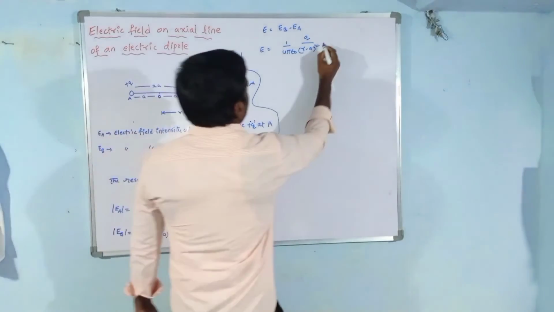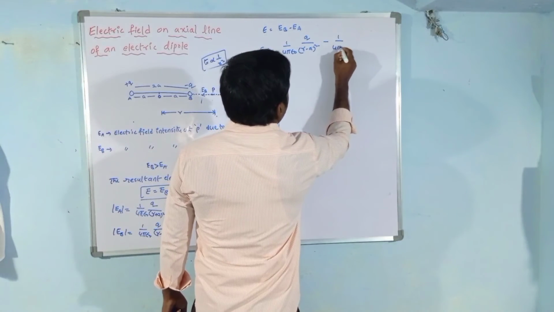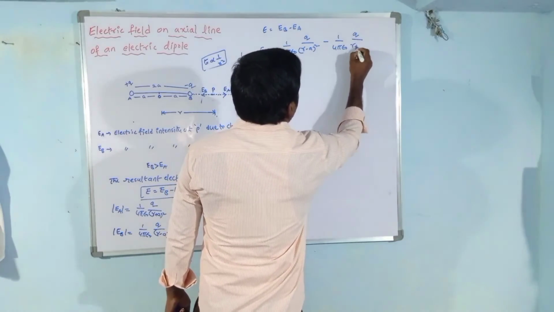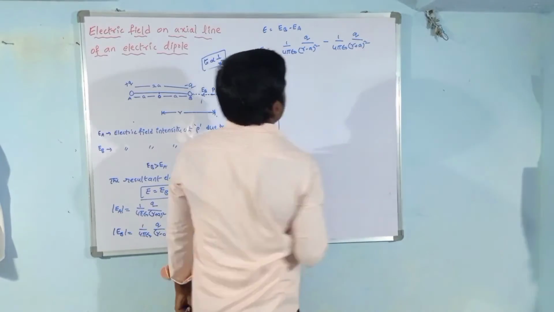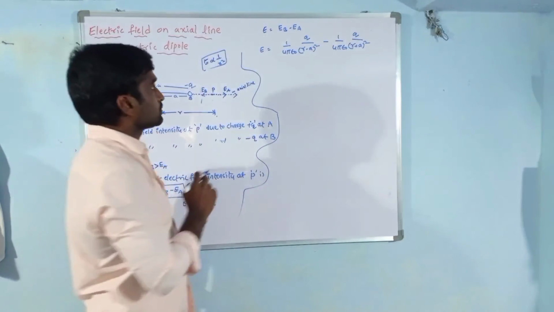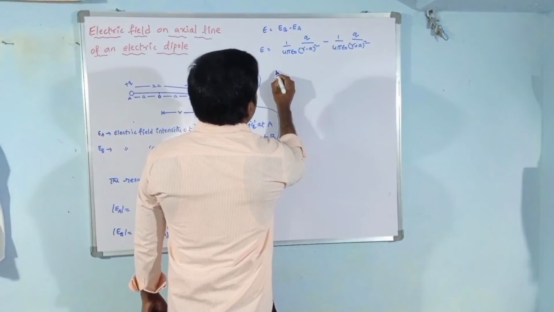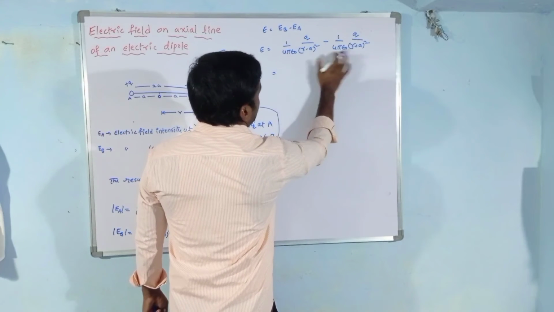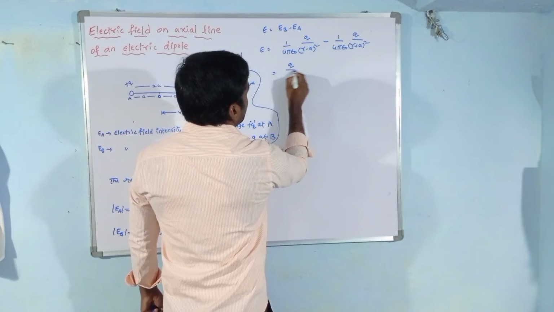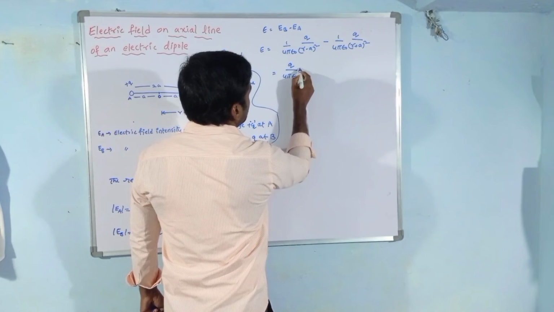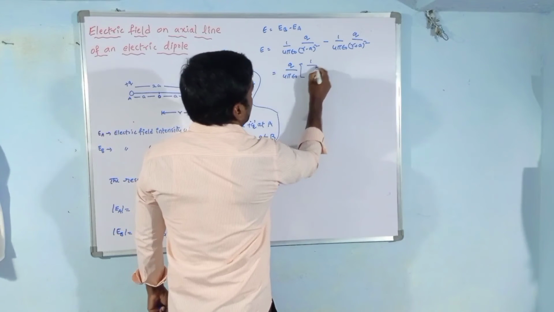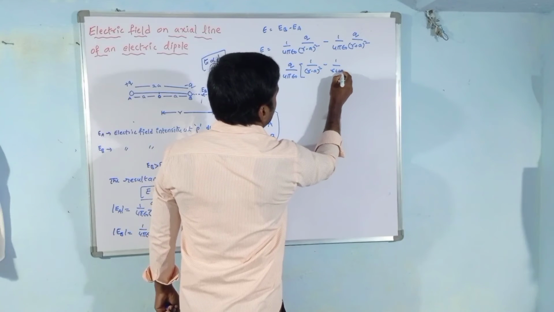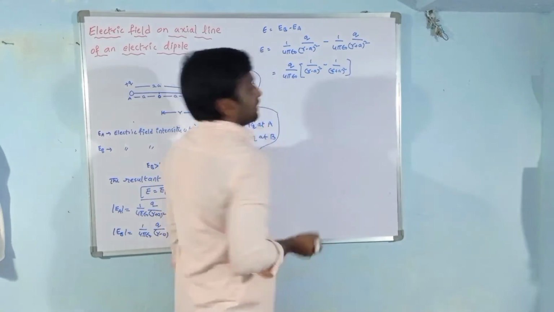Next, what is EA? Minus 1 by 4 pi epsilon naught Q by R plus A whole square. Now we can take common Q by 4 pi epsilon naught from these two terms: Q by 4 pi epsilon naught, 1 by R minus A whole square minus 1 by R plus A whole square.